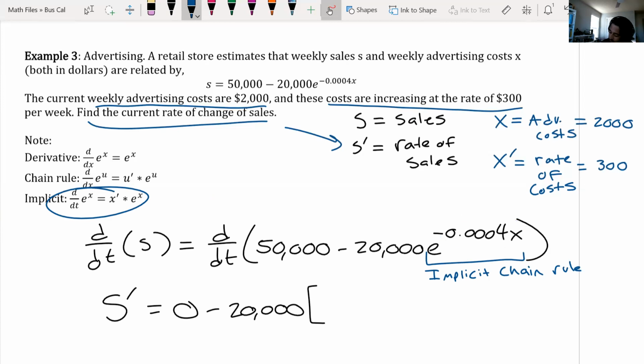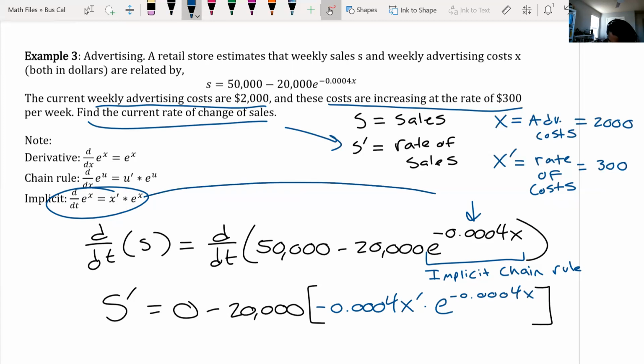So the implicit derivative of negative 0.0004x with respect to time is going to be negative 0.0004x prime. And then all we have to do is multiply it by the original function that was there, e to the negative 0.0004x. And that's the implicit chain rule derivative. There we go, I'll make it prettier.